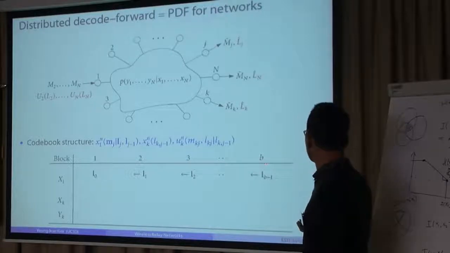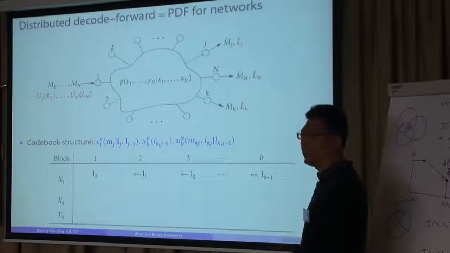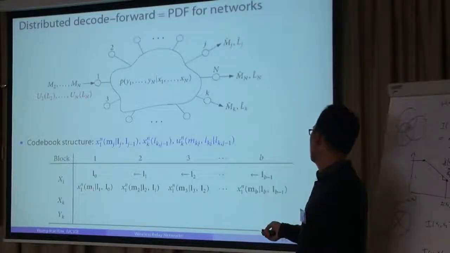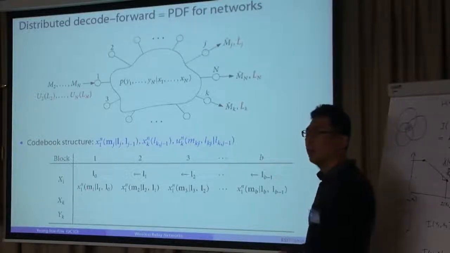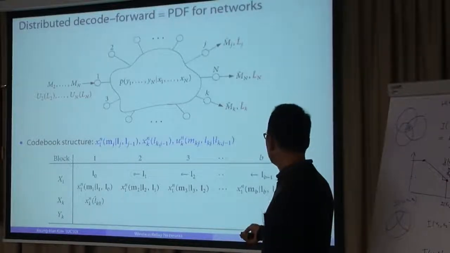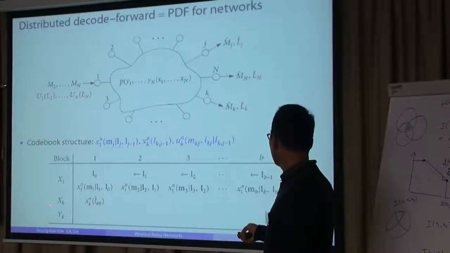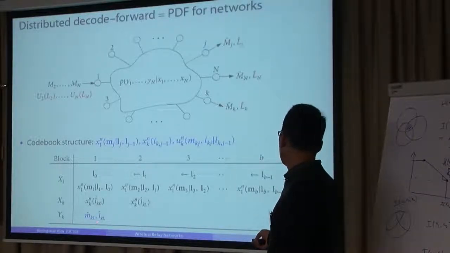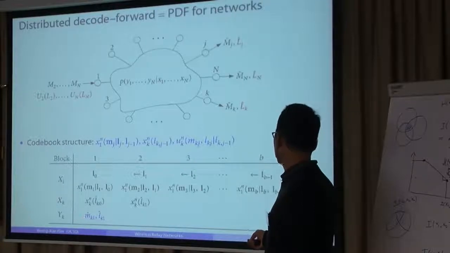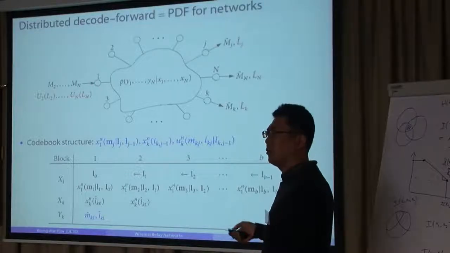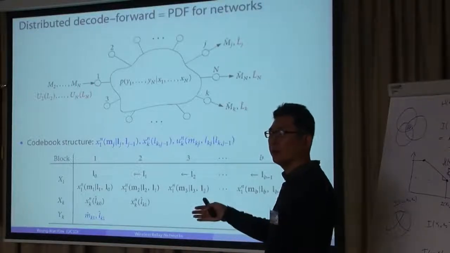So we are going to do the backward encoding. Given messages, we would like to find all these L indexes. Once you find these L indexes, we can transmit the X1 signal as given here. At each time, the relay is sending the XK signal. Then at the end of each block, the relay would like to recover its desired signal as well as the pseudo index L, which helps communication for other relays and other receivers.